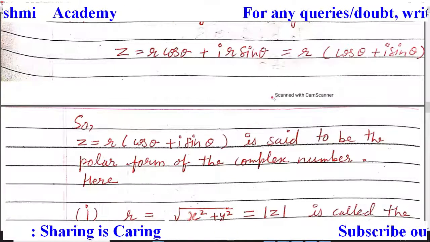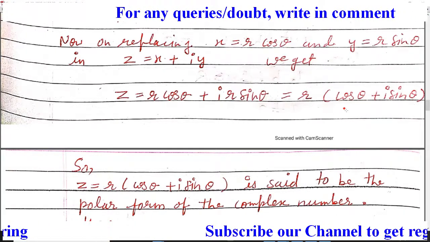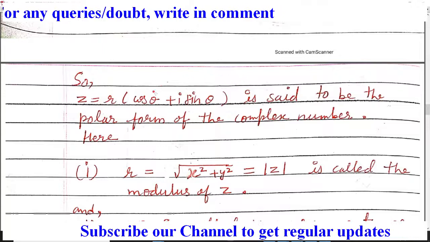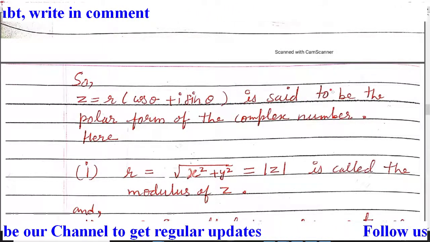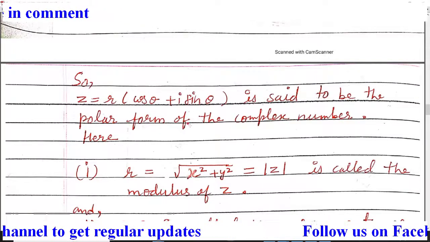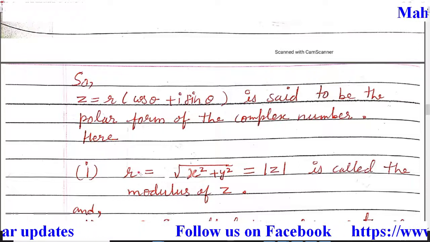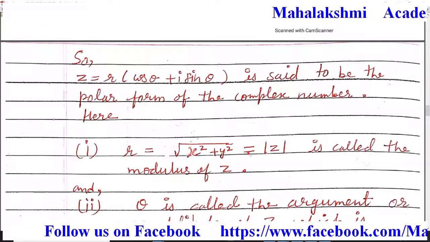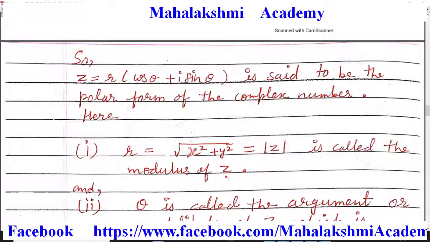Now just see the next, whatever conclusions we can make from this last step, that I wrote in the next steps. So z equal to r cos theta plus iota sin theta is said to be the polar form of a complex number. Here the formula of r is the square root of x square plus y square, that is nothing new, it is called the modulus of z.